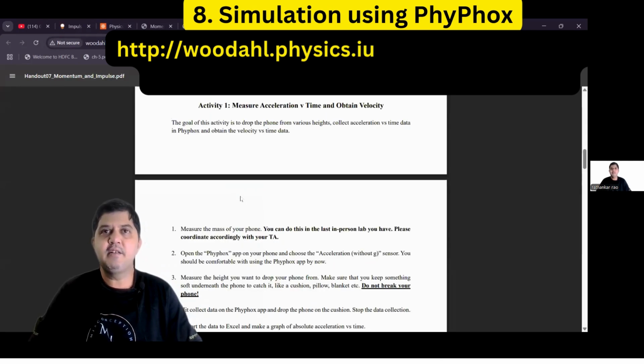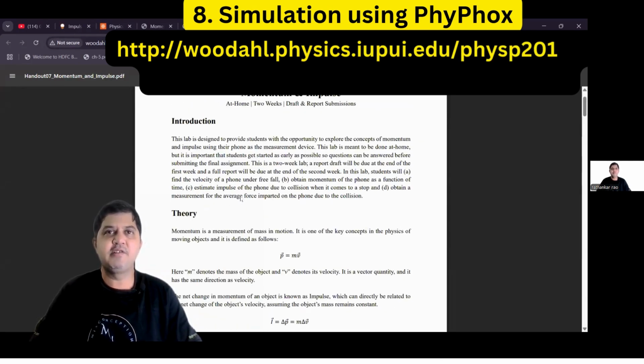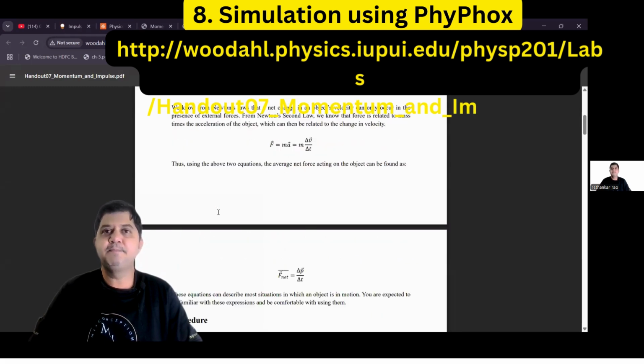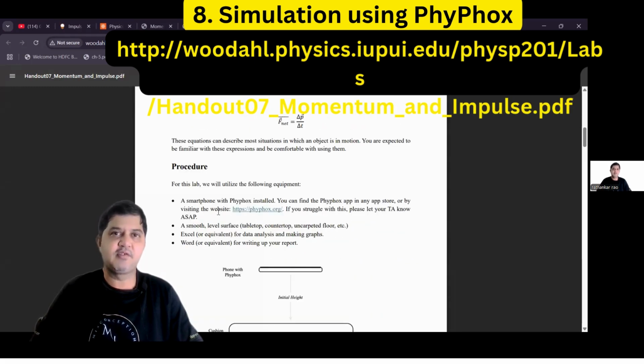Okay, this one, as you observe, is only a simulation on momentum and impulse, and it has some notes. You can also conduct an experiment using an app known as Phyphox, which you can download on your mobile and then start working on. There are apps like this which will help you do your experiment not only in the lab, but also using your mobiles.